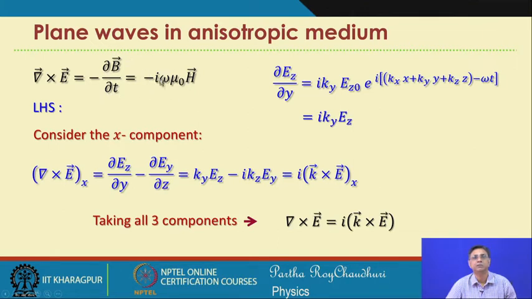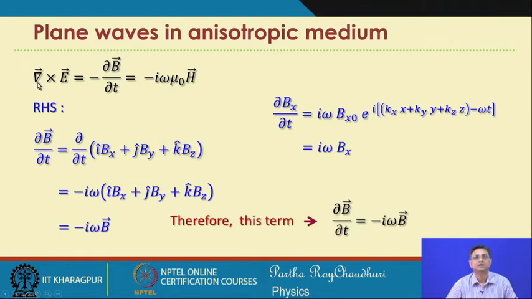So, we will bring in this quantity on the right hand side, which is del B del t, this vector. So, i omega times i cap B x plus j cap B y plus k cap B z put together will give you minus i omega B.